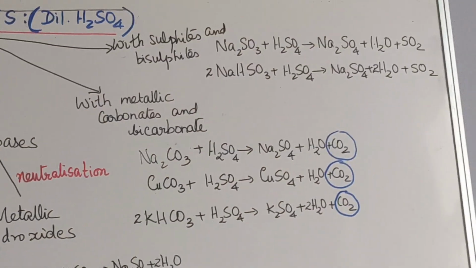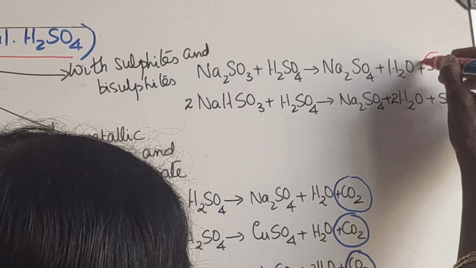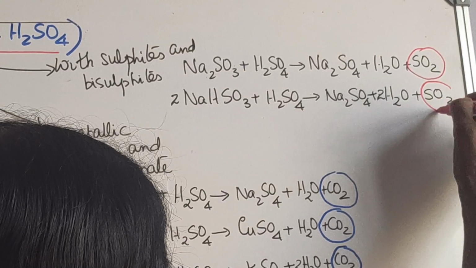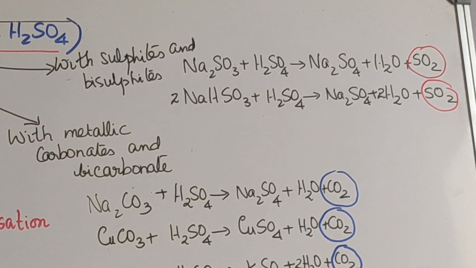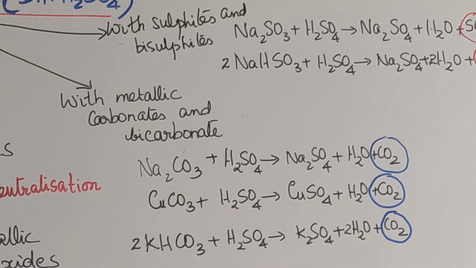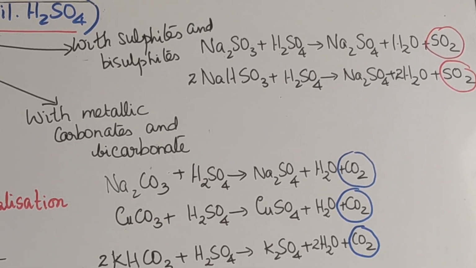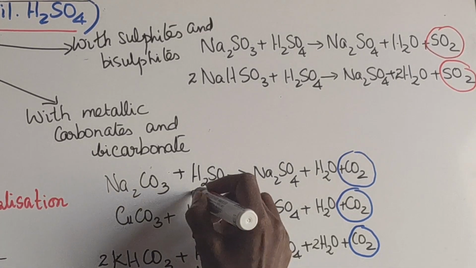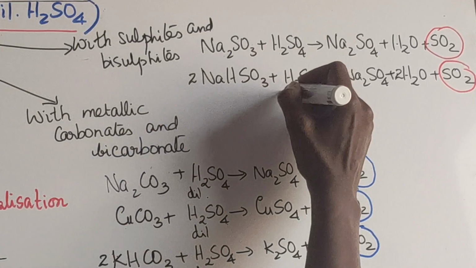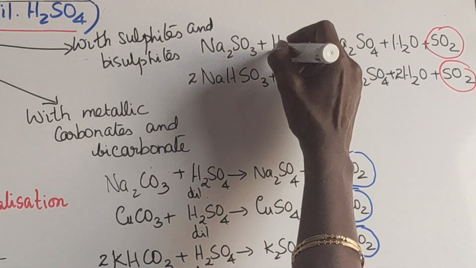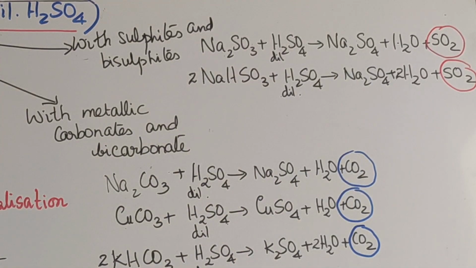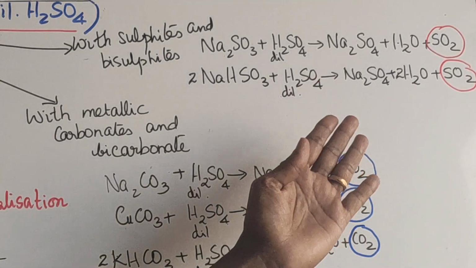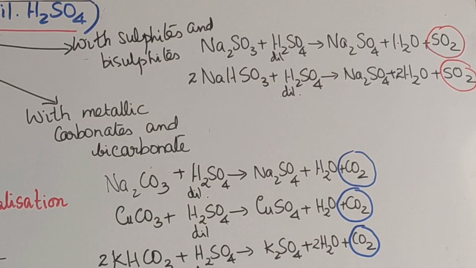Now here the gas that is formed is sulfur dioxide, whereas here it is carbon dioxide. And remember, all these are with dilute sulfuric acid. We should never miss this dilute sulfuric acid. And the difference between the two is both are giving salt and water.